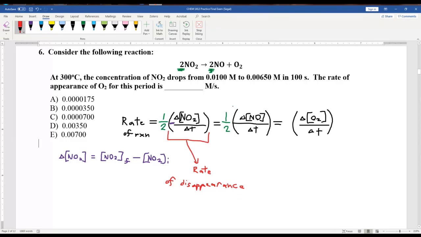And then if I look at just this part, now this of course doesn't include the 1/2. Because it's a product, this would be a rate of appearance. So this is the rate of appearance.